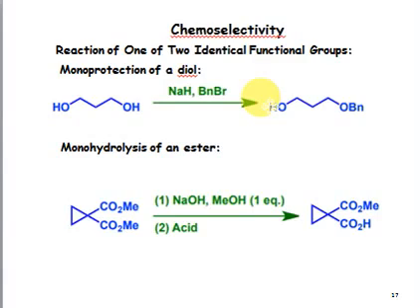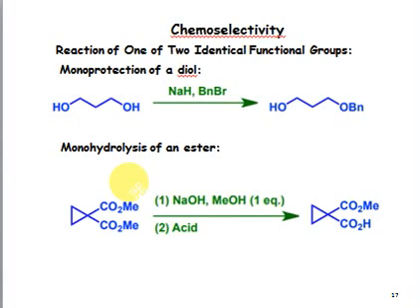Again, we have another example. Here we have a diester. You can see it is a geminal diester because both of the esters are attached to the same carbon, and we want to carry out the monohydrolysis, meaning we want to hydrolyze only one of the esters, but we want to retain the other ester. In that case, again, the reagent should be used in a lesser amount.